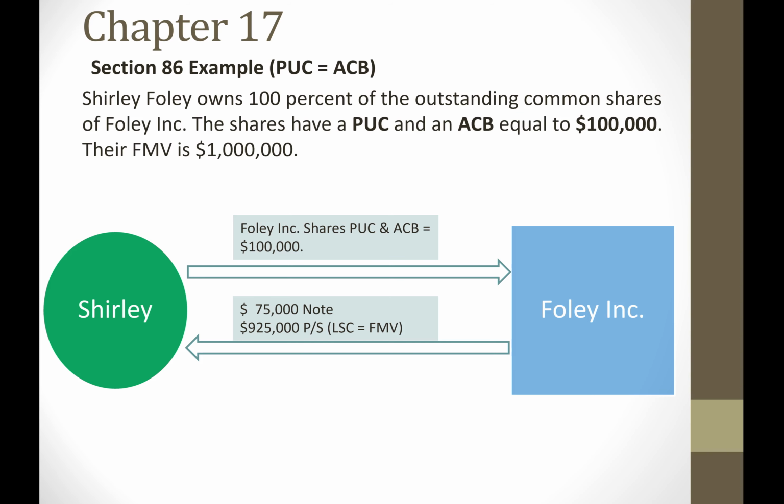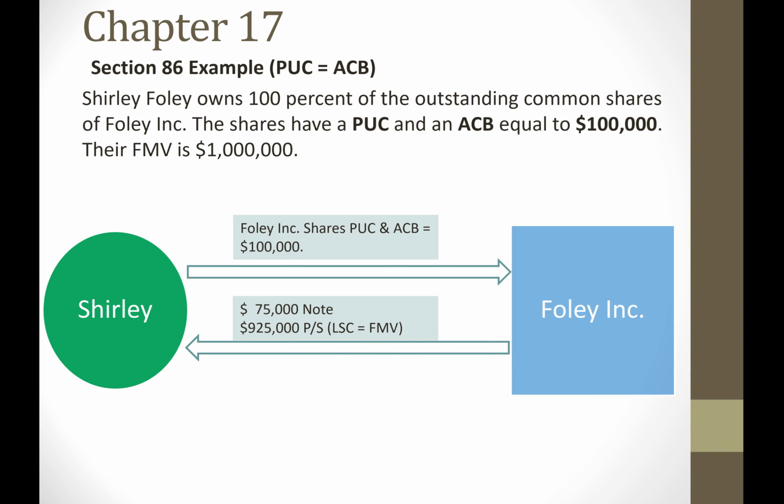So under a Section 86, if she takes back boot equal to or less than the ACB of the shares she's going to give up, then there will be no immediate tax consequences. So once again, let's just take another look at this. Shirley owns Foley Inc. She's going to give up her common shares that have a fair market value of $1 million and take back $1 million worth of assets.